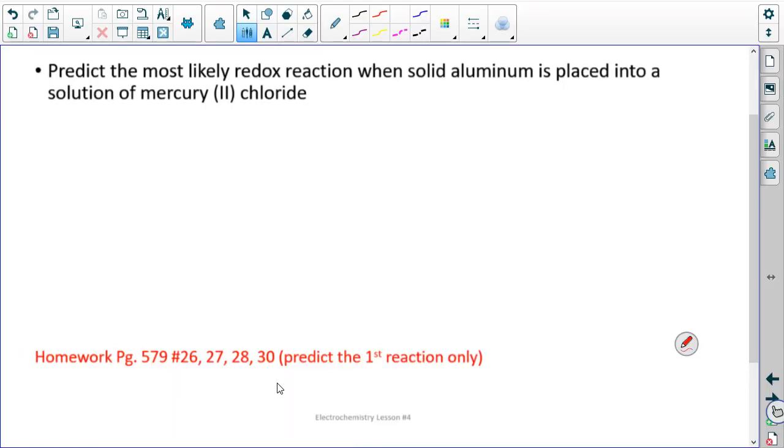So we have solid aluminum. That means we have metal, solid. We have mercury, so mercury 2. We have a chloride ion. And we have water.